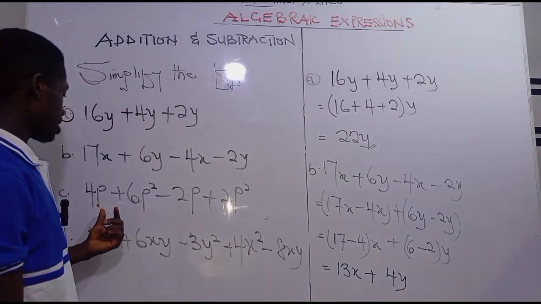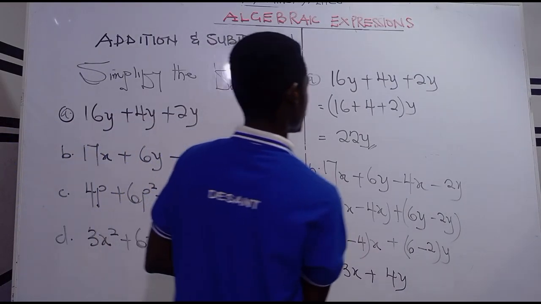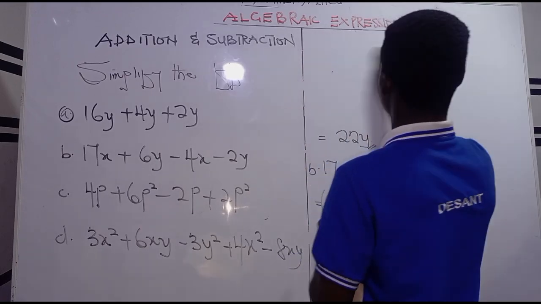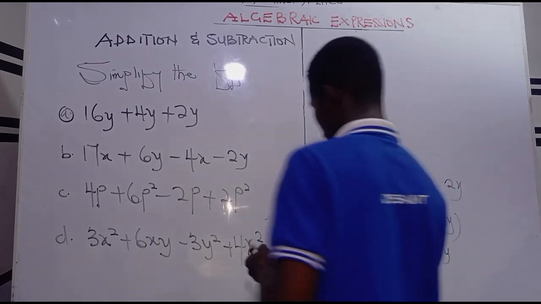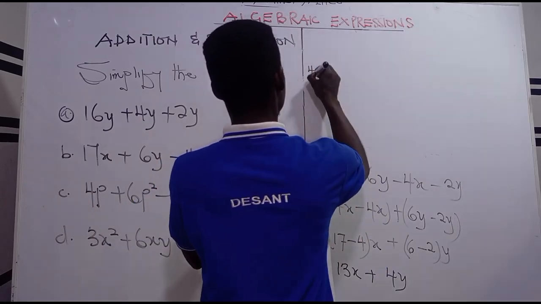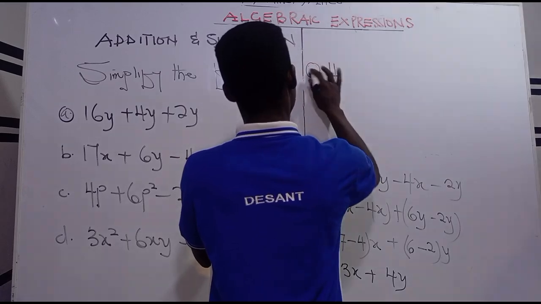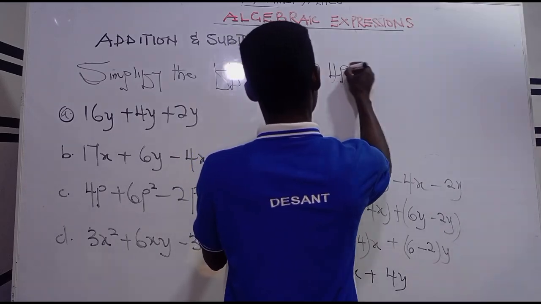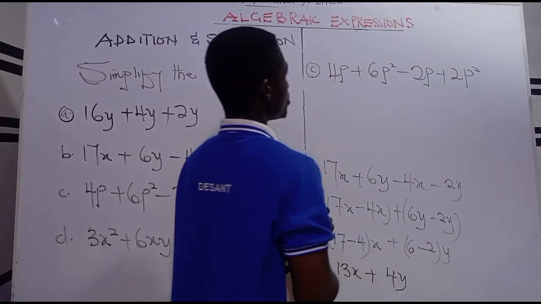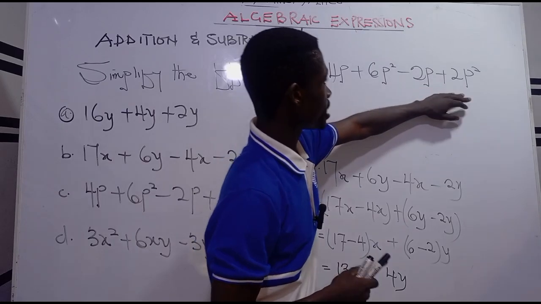So we are going to solve example C and then try our hands on example D. So looking at this, we can see that we have like terms within.